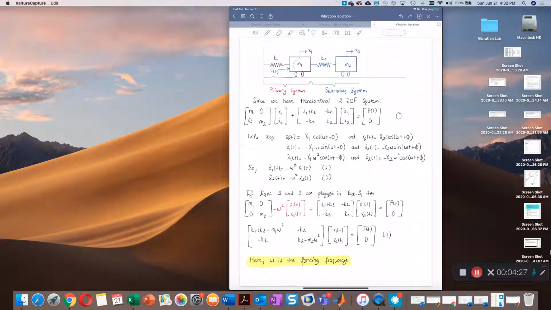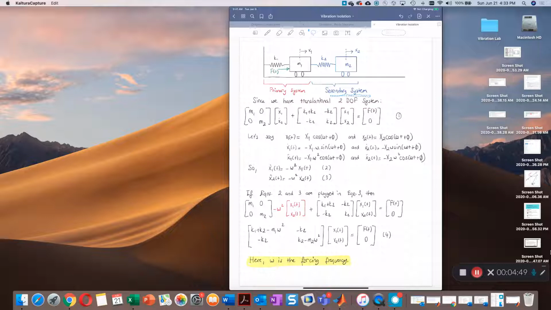I'm able to read the position, velocity, or acceleration, and the force is only implemented on the primary system. Now, I'm interested in designing this vibration isolator by adding a spring and a mass system. We are going to call this our vibration isolator, or secondary system.